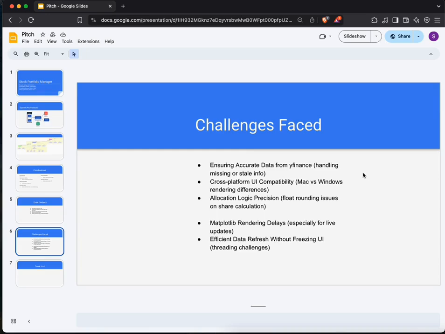Dealing with matplotlib rendering delays, especially when graphs had to update dynamically. Implementing efficient threading to fetch data without freezing the GUI, ensuring a smooth user experience. Overcoming these gave us real-world experience in debugging, optimization, and clean software architecture.